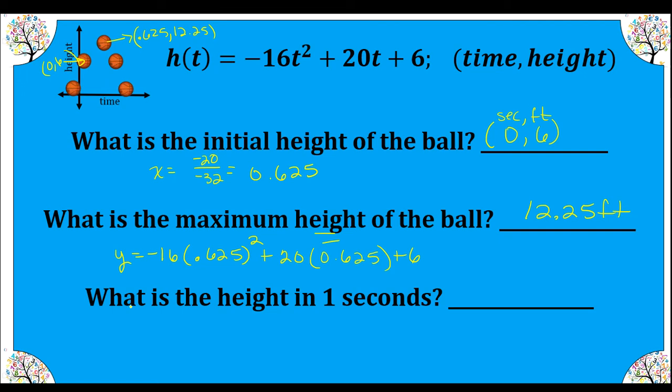And now it's asking, what is the height h of t after 1 second? So when 1 second goes by, how high is my basketball? We're going to plug in 1 for time.